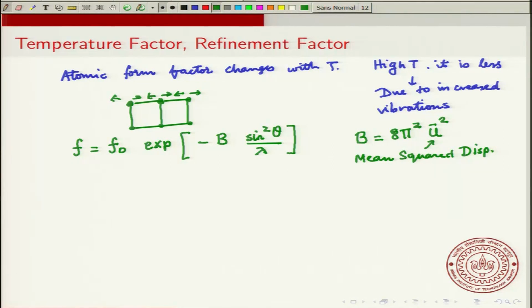So, the mean square displacement of the atom, that is how much it displaces, the typical displacement, and this mean square displacement is proportional to the temperature. Okay. So, the atomic form factor decreases with temperature.